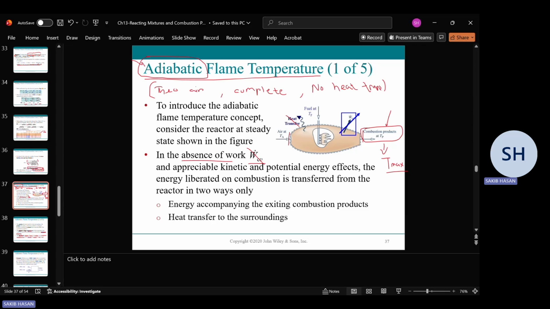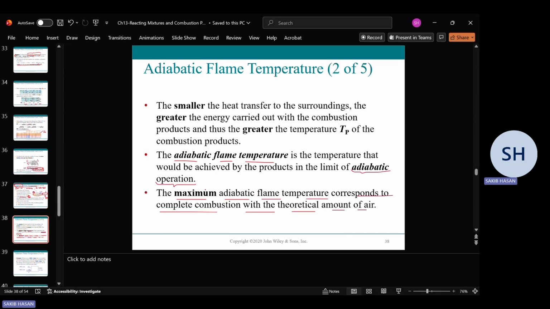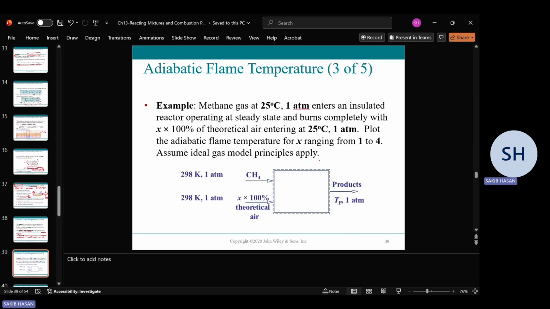The actual adiabatic flame temperature is just the temperature of the combustion product as the process is adiabatic. So as you remove this work and as you remove this heat transfer, right? However, the maximum adiabatic flame temperature can only be achieved when you have the theoretical amount of air. So the minimum amount of air that you need for complete combustion.